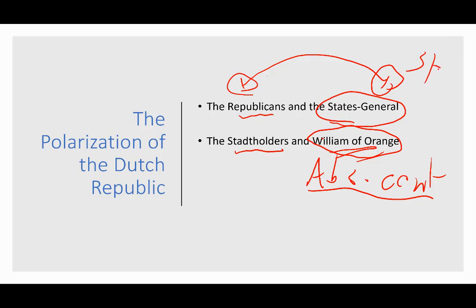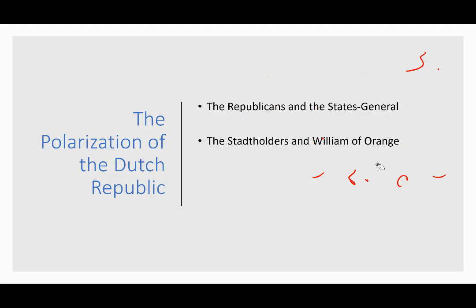So this is polarization. One extreme is absolutism. The other extreme was republicanism. There is no compromise. So this means they're eventually either going to have a civil war or at least turn into a power vacuum.